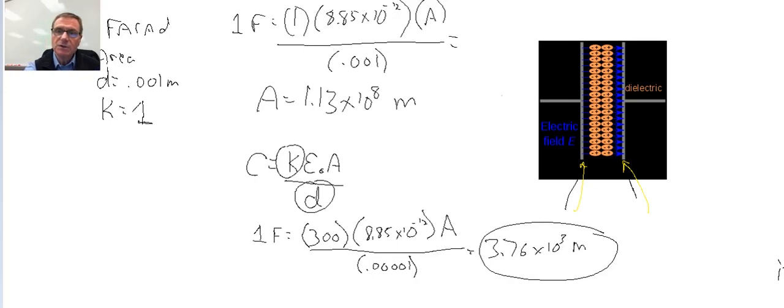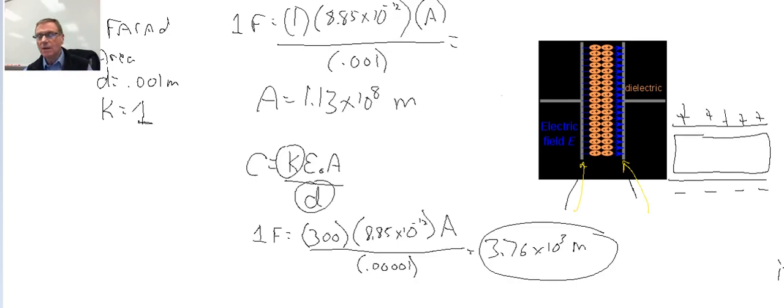If I switch back to black now, if I have positive charge up at the top and a negative charge down here, and I put in some dielectric, what are the molecules of a piece of paper or some non-conducting material going to want to do?